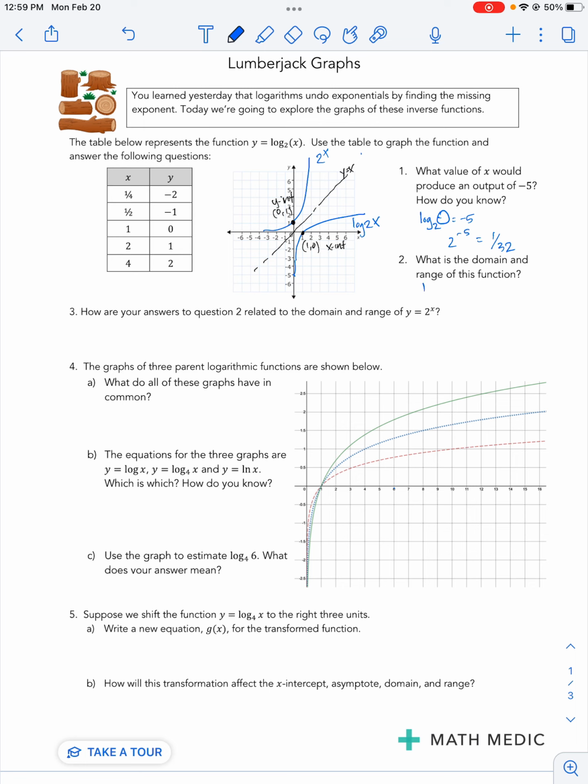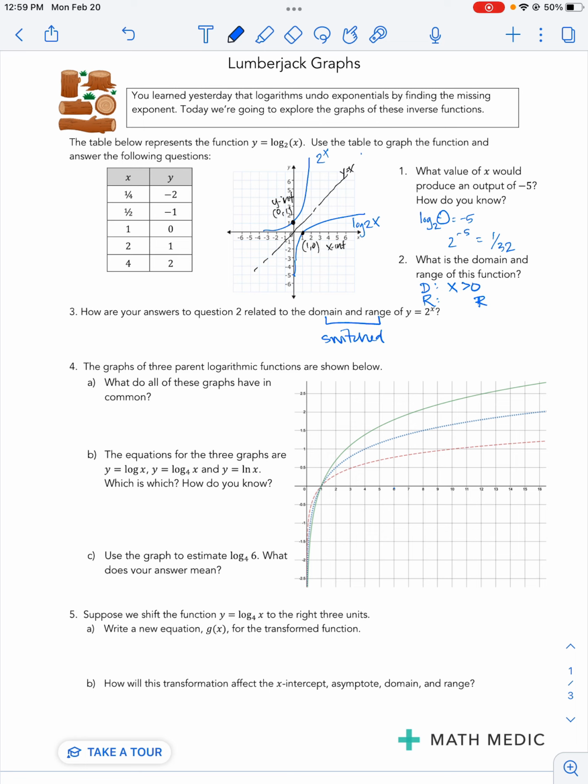The domain of this function is going to be x greater than 0, and the range of this function is all y values, so it's all real numbers. Okay. These two graphs are related. Well, the domain and the range are switched.